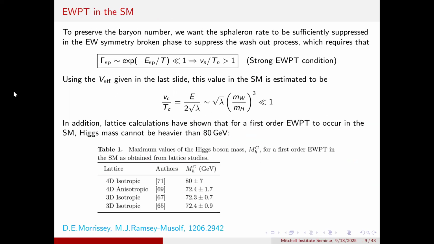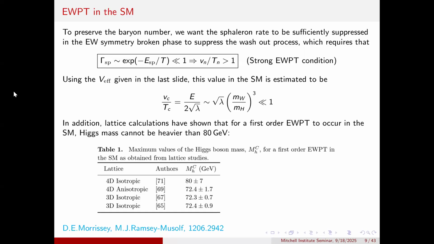So to satisfy this requirement, we want the sphaleron rate in the broken phase to be very suppressed. And remember that the sphaleron rate is proportional to exponential of minus E_sph over T, and E_sph is proportional to the width of the Higgs.